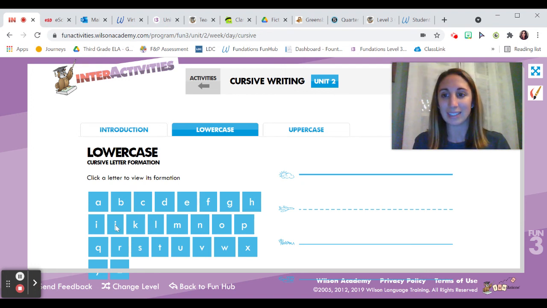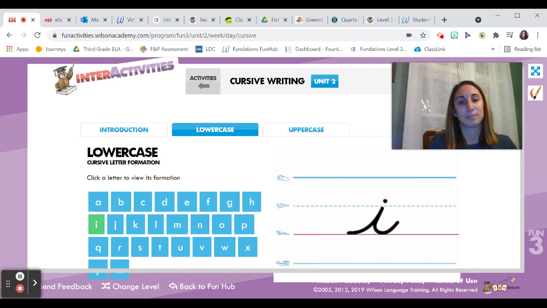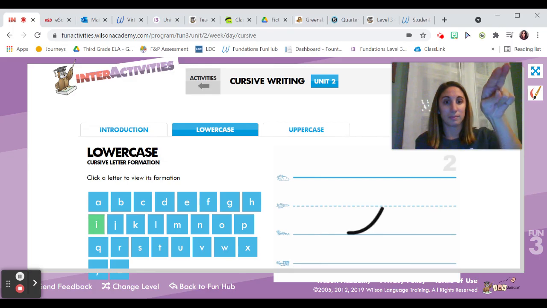All right, go ahead and listen. Lowercase i. Remember, you can do it in the sky to practice first before you do it on paper. i is an up-down letter. It starts on the grass line. Point to the grass line. Glide up to the plane line.